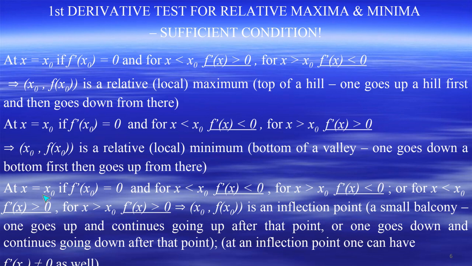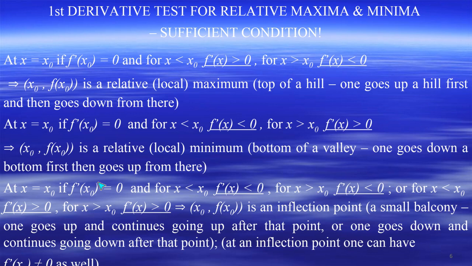But yet, there is a third case. At x equals x0, f prime x is 0, which can be as well. At an inflection point, the first derivative can be 0 as well. It is not necessary. It can also be different from 0.